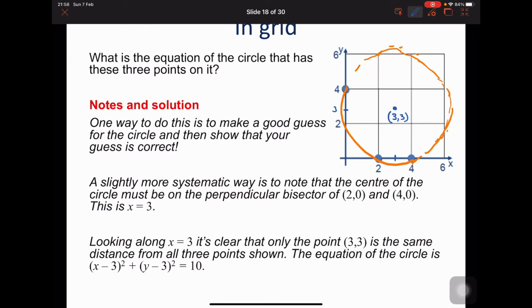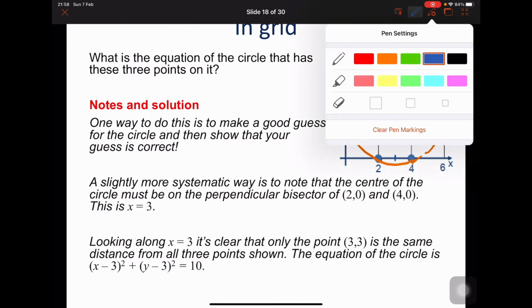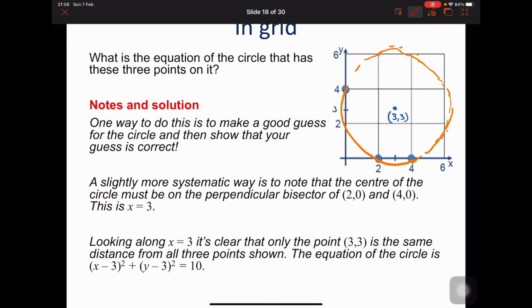Now, we know the center of a circle. We can work out the radius as well. So let's draw a right angle triangle. So here is our radius, and I'll do a dotted line to show that this is a height of 1 and the base is 3.